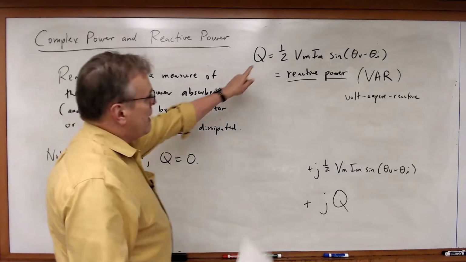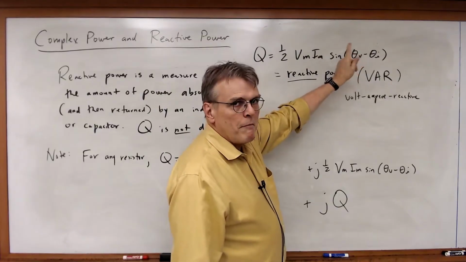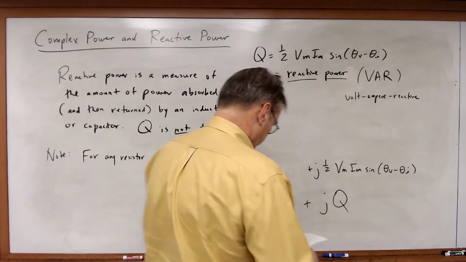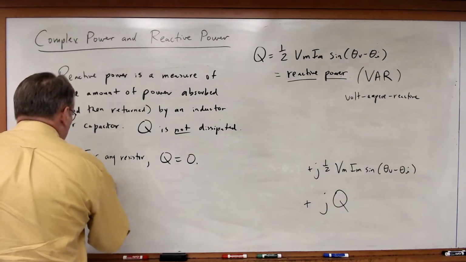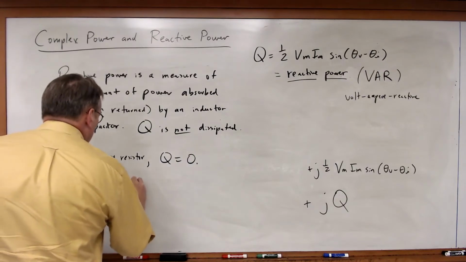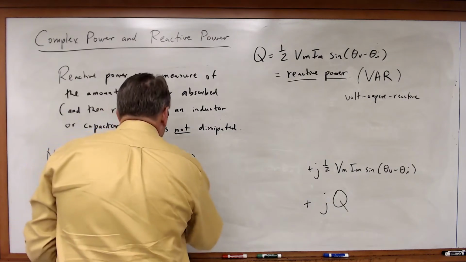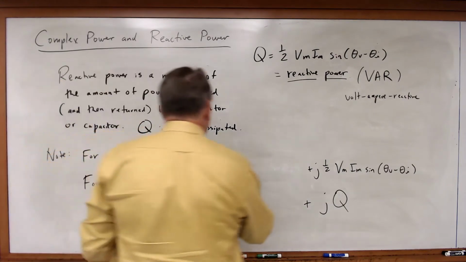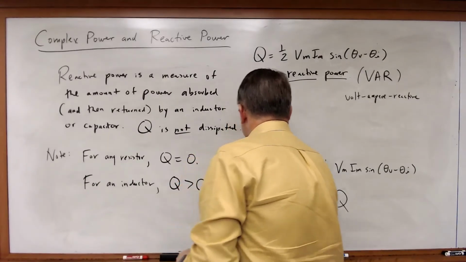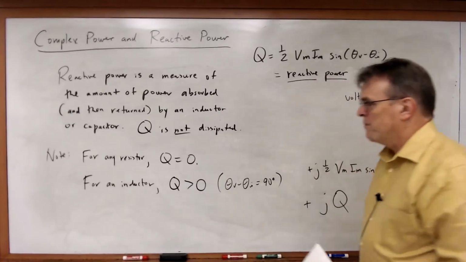For a capacitor or inductor, you're going to have sine of plus or minus 90 degrees, which means that for an inductor, Q will be positive, since theta sub V minus theta sub I is equal to 90 degrees.